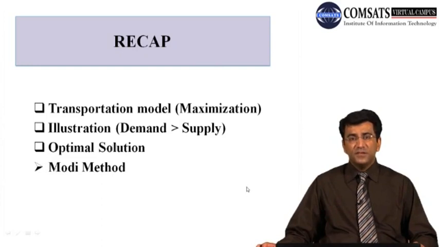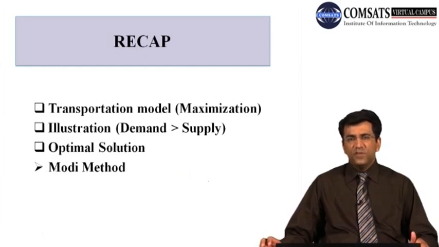The rest of the steps, students, as you must have seen, are almost the same as what we did in the minimization problem. Again, we used the MODI method to find the optimal profit. In the MODI method, we introduce different variables like u1, u2, u3, v1, v2, v3, and we formulate the different equations. We put the value of one of the variables to 0, so that we are able to calculate the values of all the other variables.